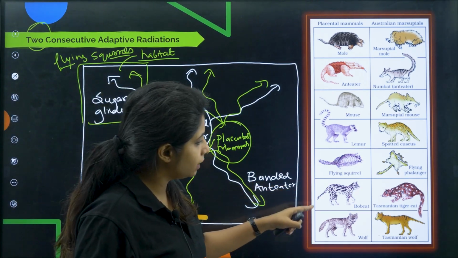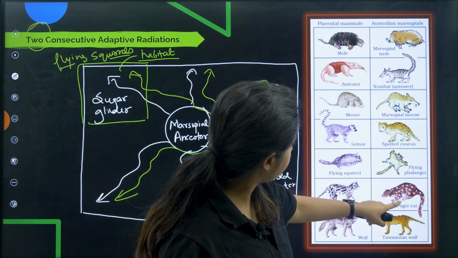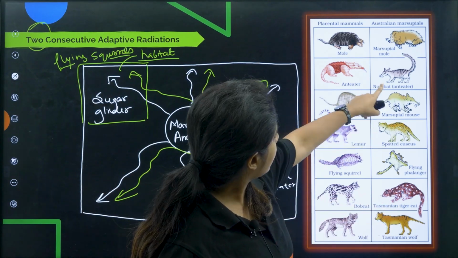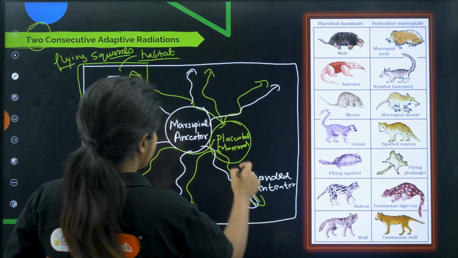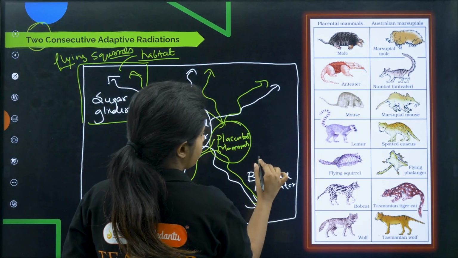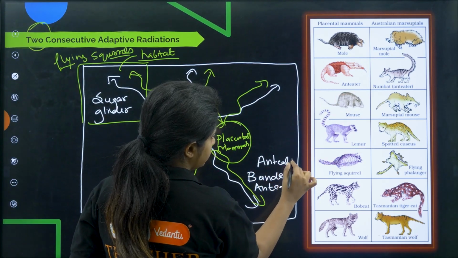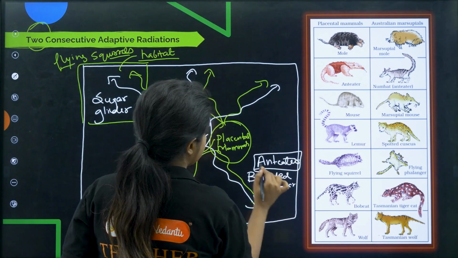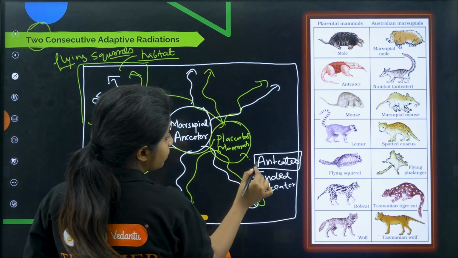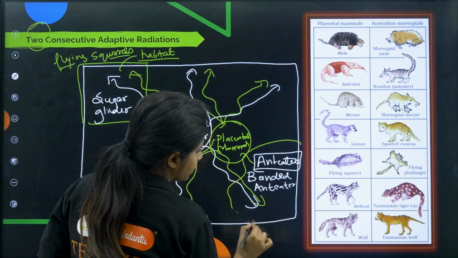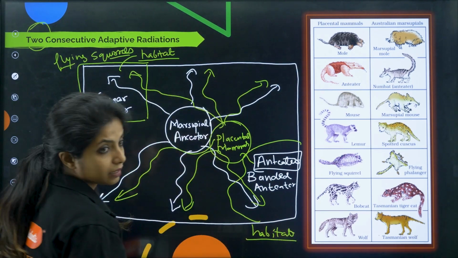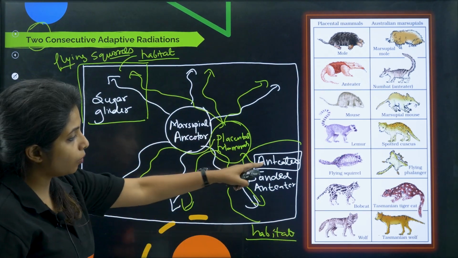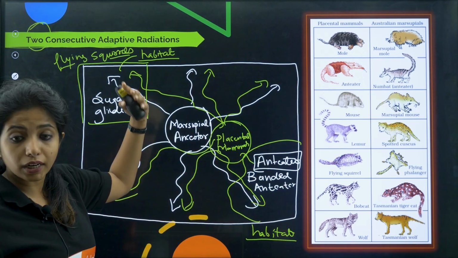Now you have banded anteater. Where is the banded anteater? Yeah, here. Numbat, the banded anteater. Over here also they have their own different type of anteater. The placental ones also have their different type of anteater because again the habitat is like that. Both of these organisms are evolving from very different organisms.